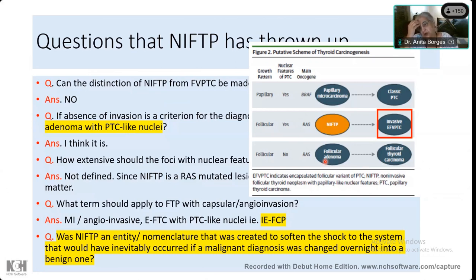So they thought they'd better not call it a benign lesion and leave it as a tumor, so that the public doesn't get too antsy and start litigating against pathologists and their surgeons. But this, I'm telling you, is absolutely perverse.